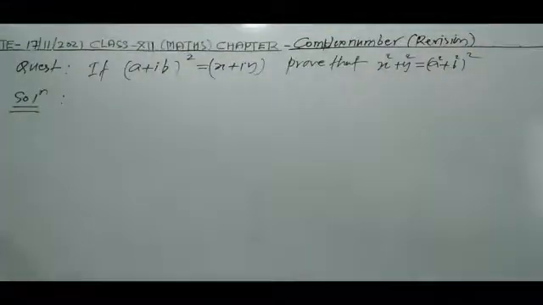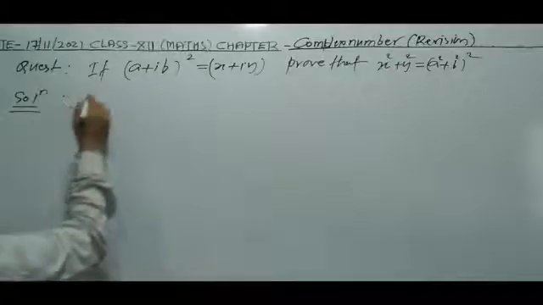This is our proof. So in this question, it is given that a plus ib whole square is equal to x plus iy. Now we have to prove x square plus y square is equal to a square plus b square whole square.